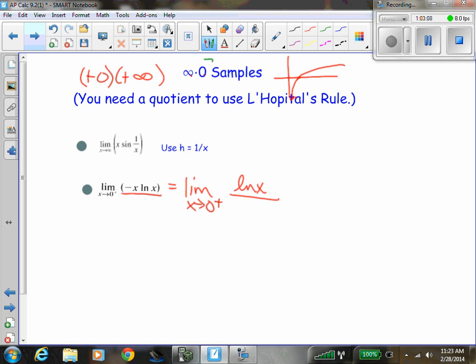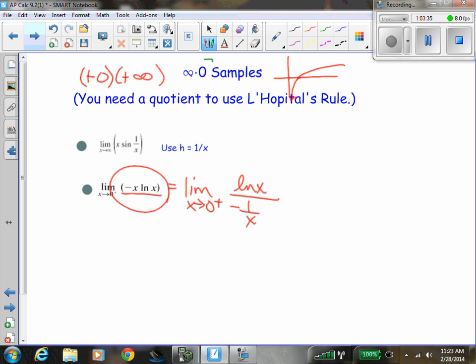What would I need to write down here on the bottom so that would simplify back to this? All right, it would be negative 1 over x, okay? Now, do you see that we are now in a form of infinity over infinity, or negative infinity over a negative infinity? Okay, so that's an infinity over infinity.